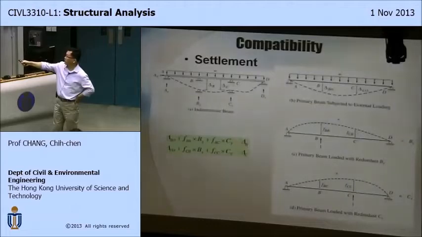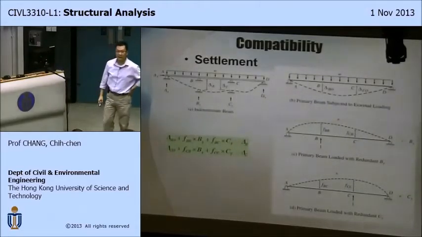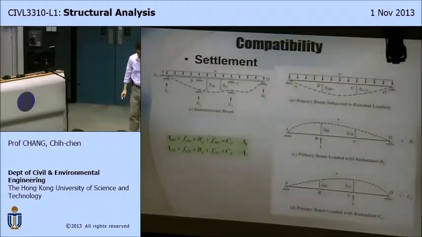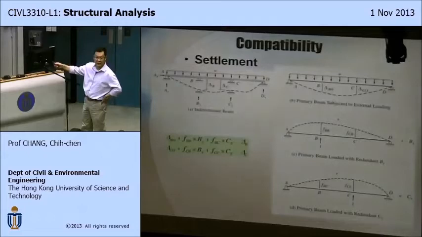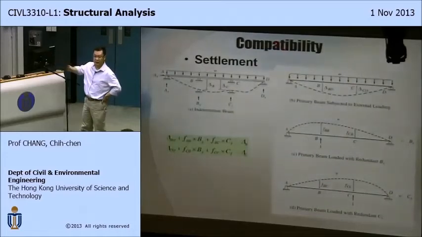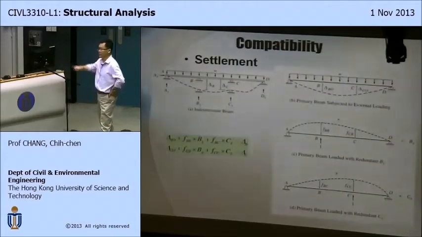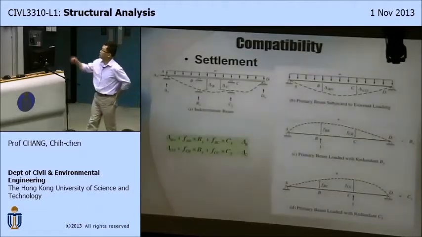So you should put the final positions there, which then accounts for the settlements. And again, there's a plus and minus issue involved, so be careful. Everything goes up, positive, goes down, negative. So plus and minus issues become very important. So that's compatibility for settlements.